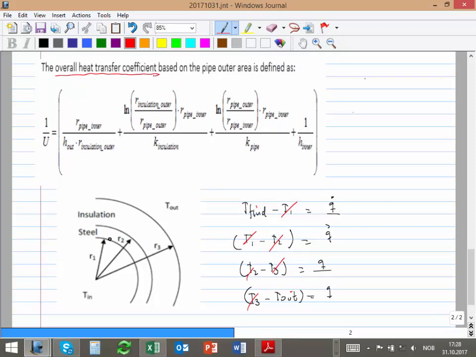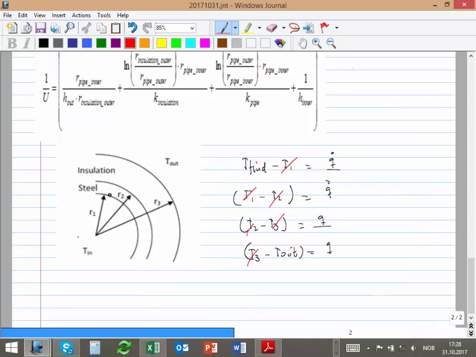But you don't have to worry, I have already calculated that for you. So the heat coming from the pipe will be 2π times the radius r3 times the length of the pipe times this U times T of the fluid minus T of the ambient.